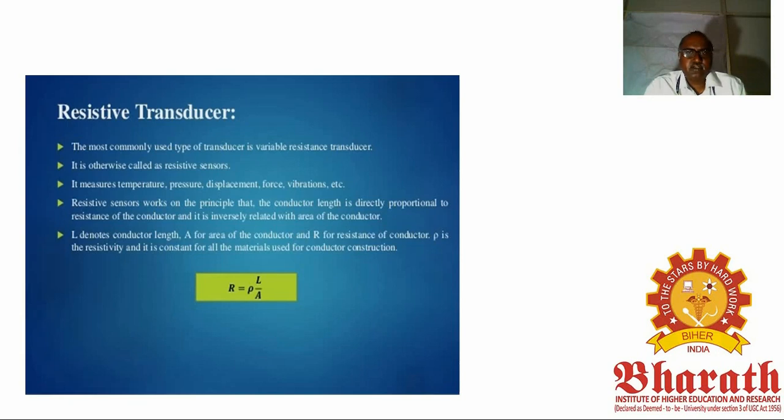It measures temperature, pressure, displacement, force, vibration, etc. The resistive sensors work on the principle that the conductor length L is directly proportional to the resistance, the area is inversely proportional to the resistance, and the resistivity is directly proportional to the resistance.